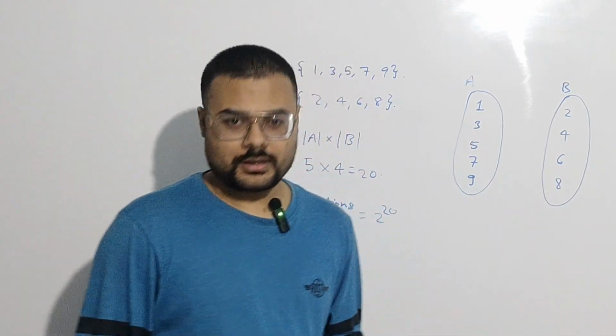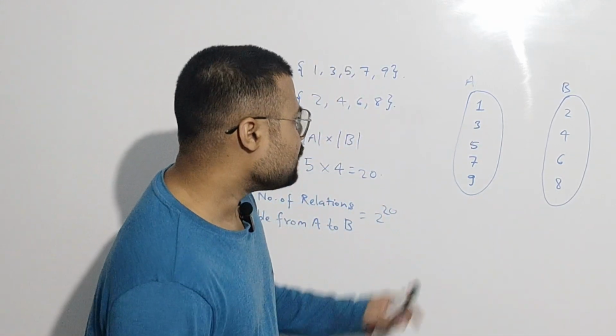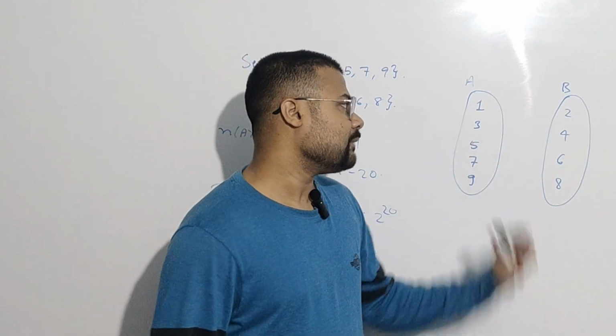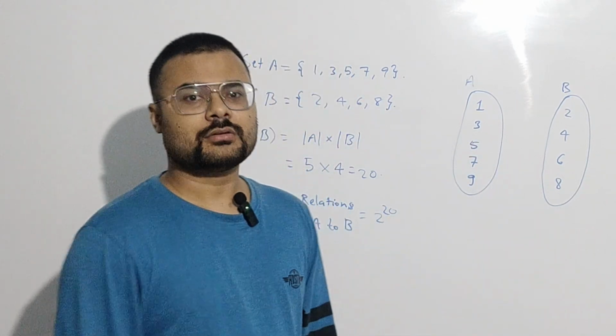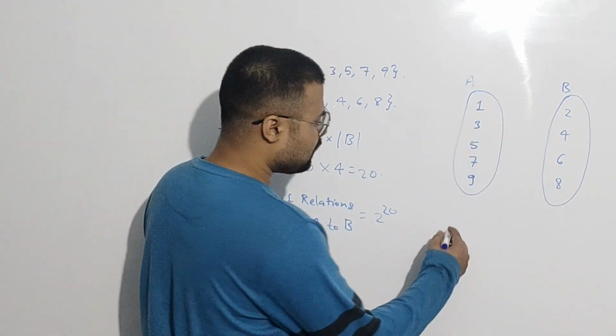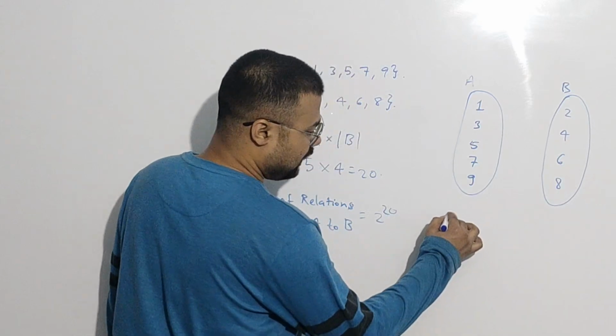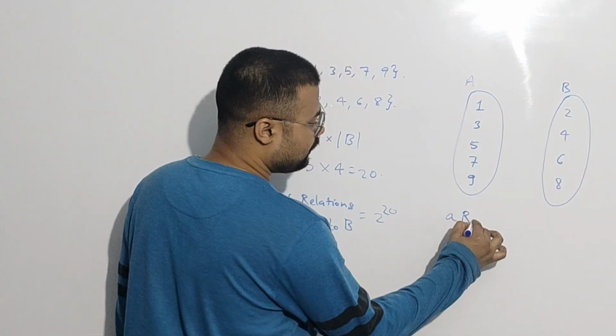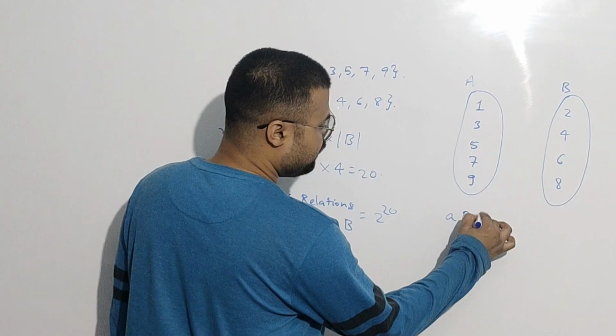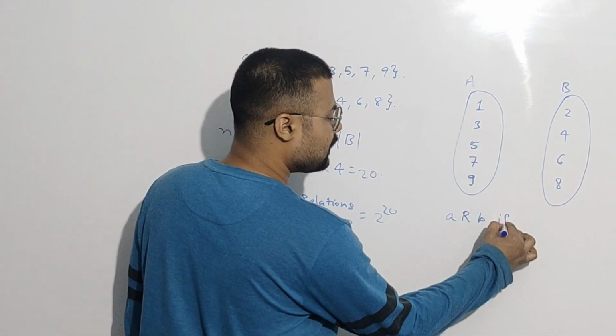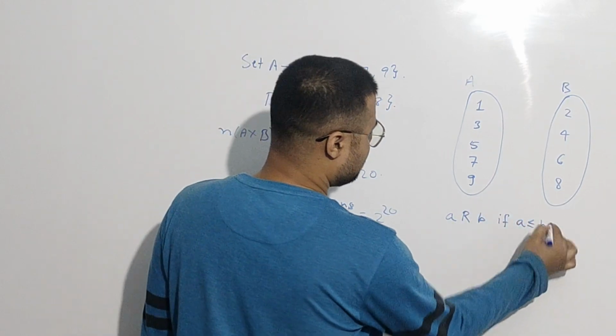Let me take some rule R, by which I will relate the elements of A with elements of B, which is less than or equal to. It means that an element a of A is going to be R related with b if a is less than or equal to b.